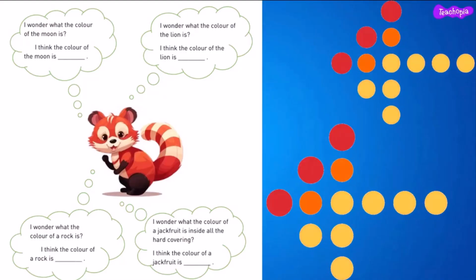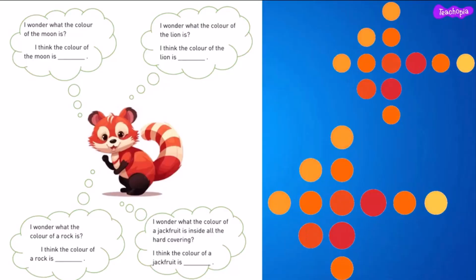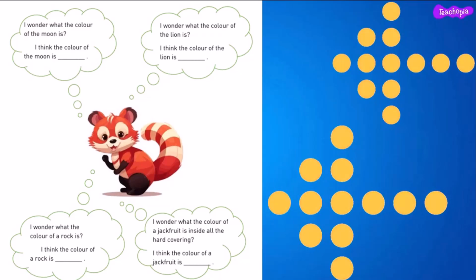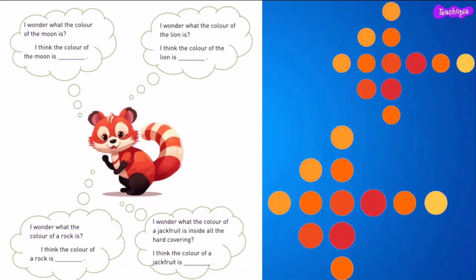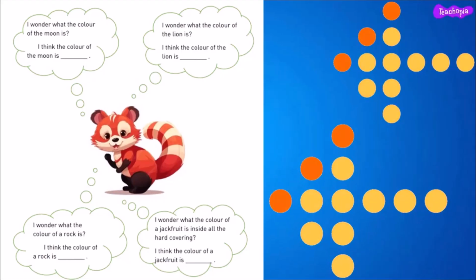They can say, I think the color of the moon is gray, white, black, or any other, but the correct color of the moon is grayish. When it comes to, I wonder what the color of a jackfruit is inside all the hard covering, I think the color of a jackfruit is yellow or orange. Likewise, the learners can complete the other questions as well and fill in the answers.